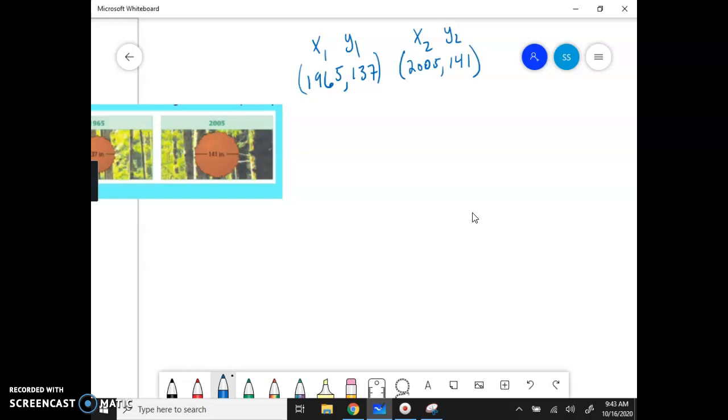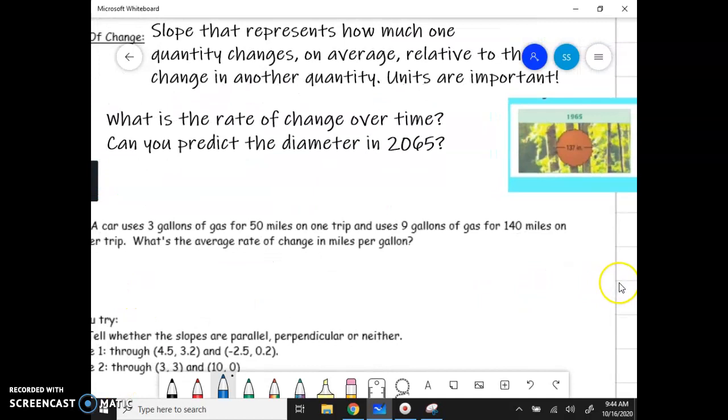We're going to put the inches on top, so we do 141 minus 137 over 2005 minus 1965, and you can go ahead and calculate this out. We're going to get 0.1 inches per year. That is my rate of change over time.